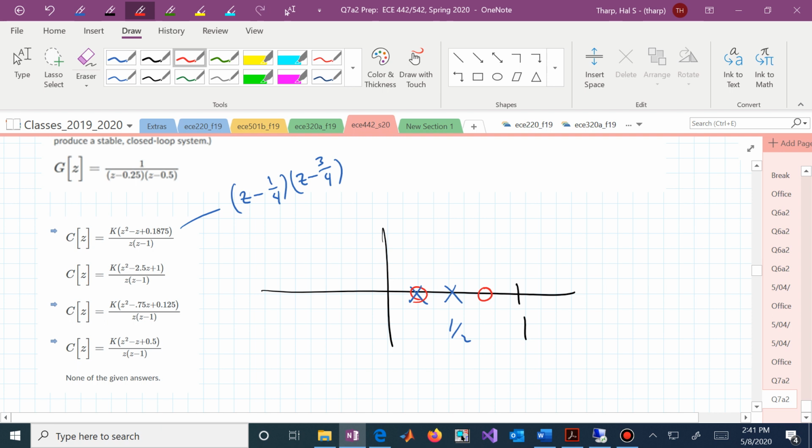We have a pole at the origin and another pole at 1. So in this case, if we draw the root locus, we now have these two coming off.